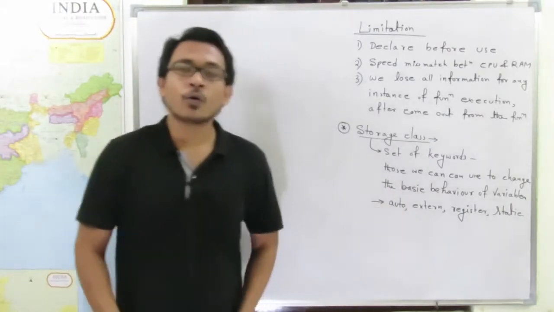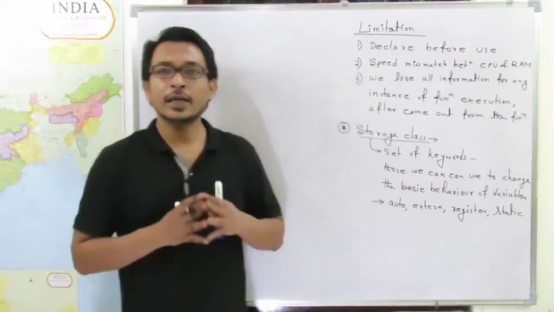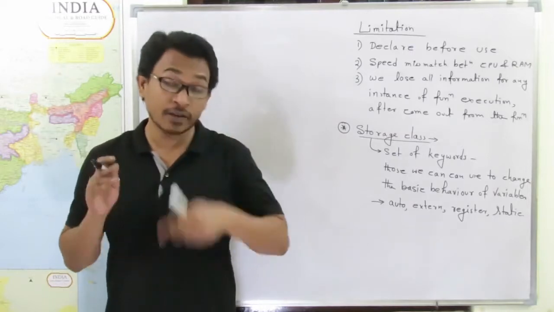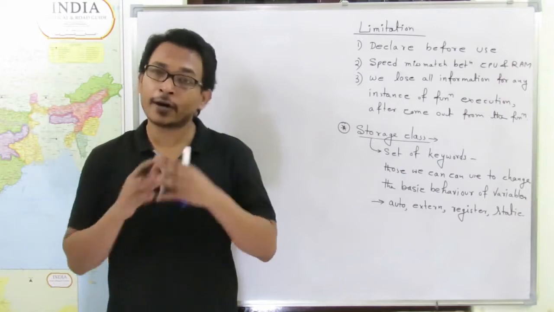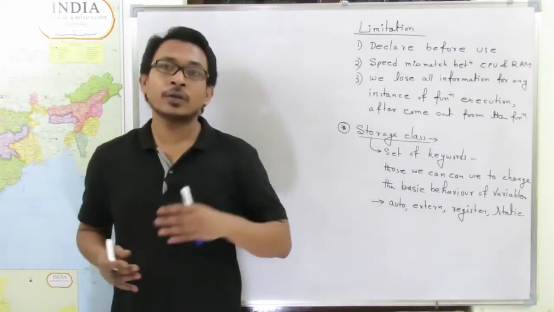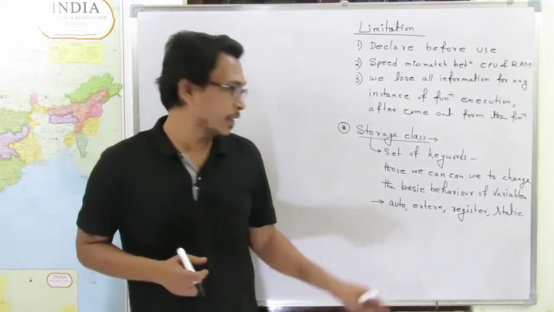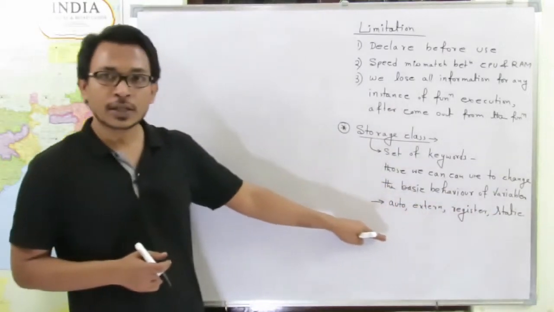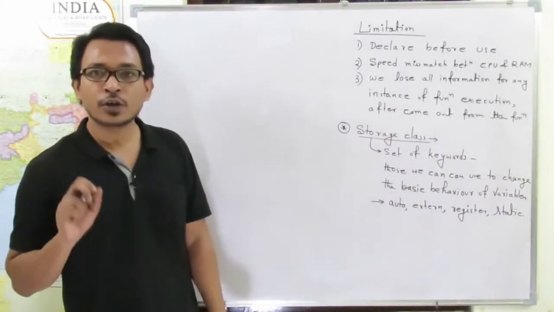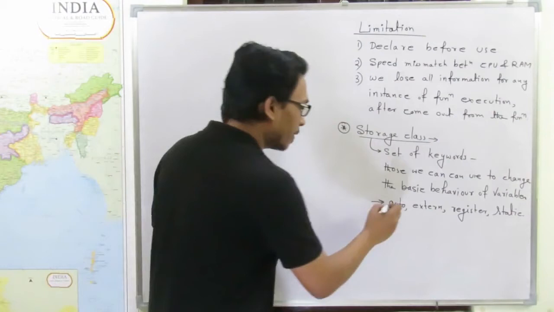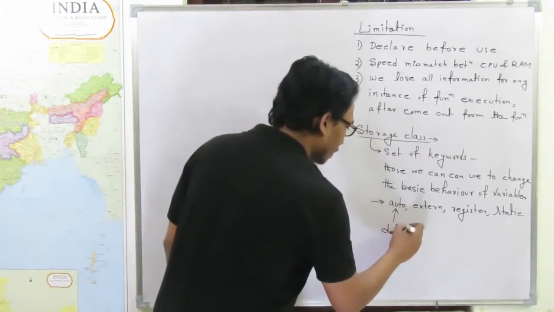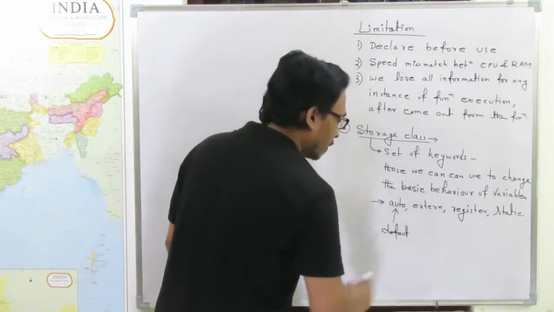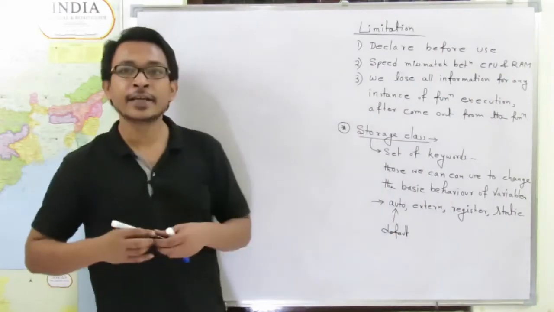Auto. Look, whatever we have worked with till now, in any of those variable declarations we never used any storage class, and all of those used the default storage class, and among these 4 storage classes, auto is the default storage class for any variable.